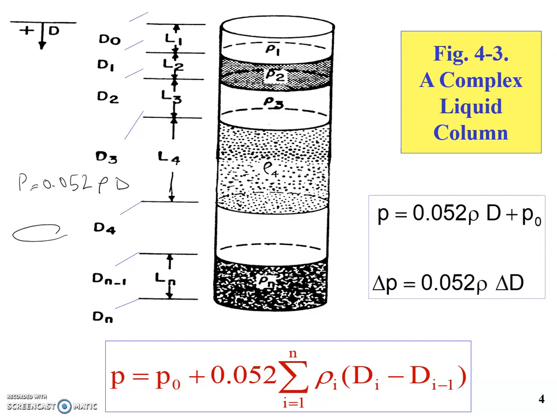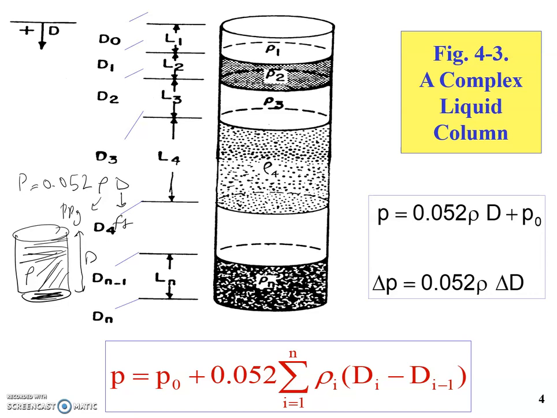So if you have a system that has a uniform density across and the depth of fluid is, let's say, d, with the density rho, then you can use this equation to calculate the hydrostatic pressure at the bottom, which is this point, right? And rho here, or density, is in pounds per gallon, depth is in feet, correct? So this is the equation if you have one fluid.